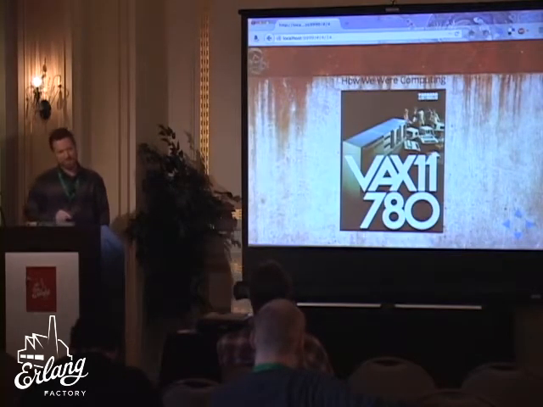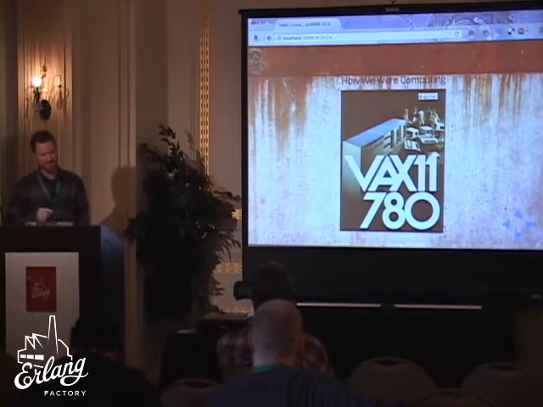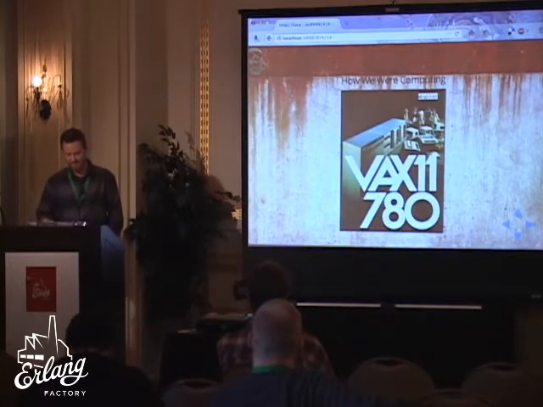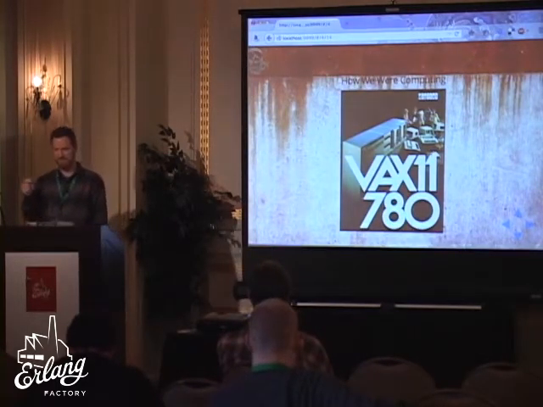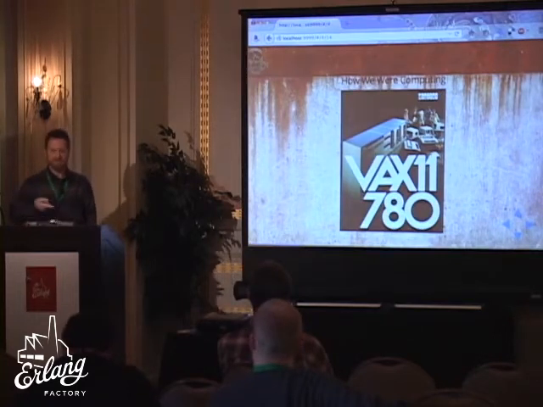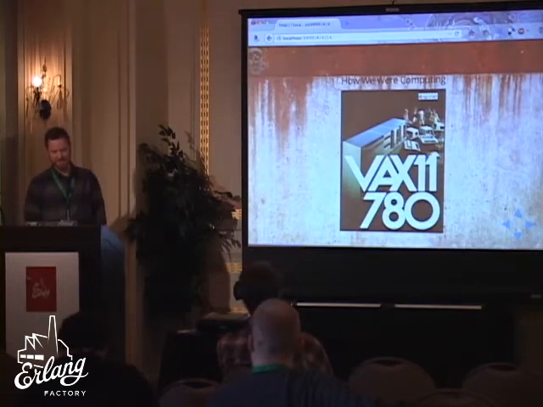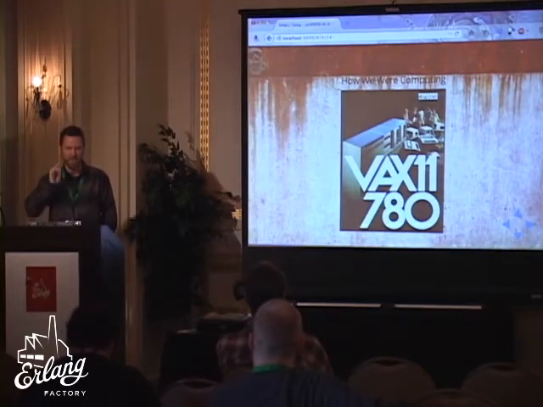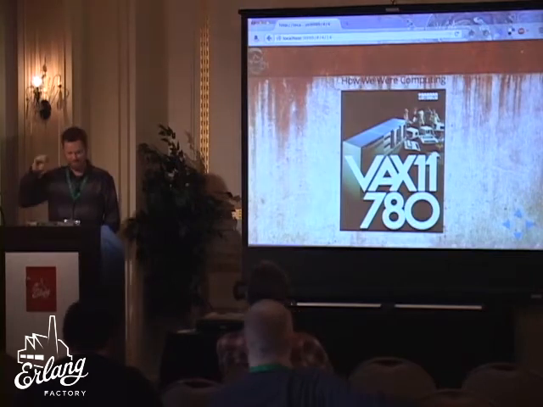And I couldn't find a picture of a 750, because Erlang was actually implemented on a 750. But this is as close as I could get. And in fact, it was implemented on a VAX 750 running BSD Unix. It had 16 megabytes of RAM and 2 512 megabyte disks. I had to ask Joe about that, and Joe had to actually ask Mike.